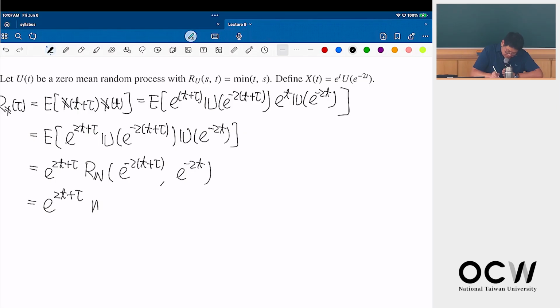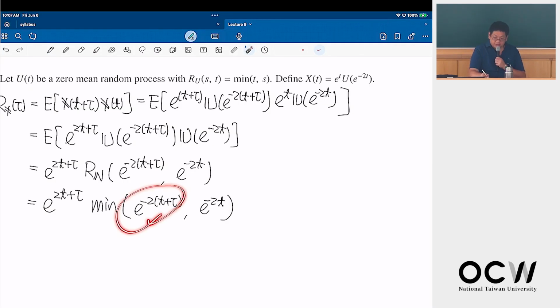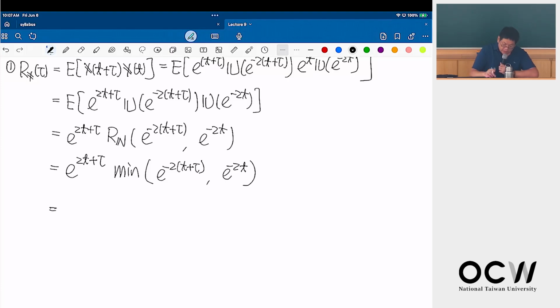So there will be the minimum of e^(-2(t+tau)) or e^(-2t). Then what is the answer? Because it's either this one or this one, right? So let's see. It's either e^(-2(t+tau)) or e^(-2t).